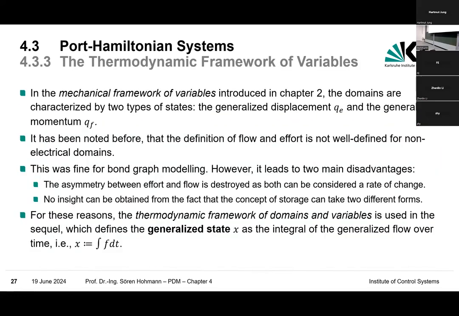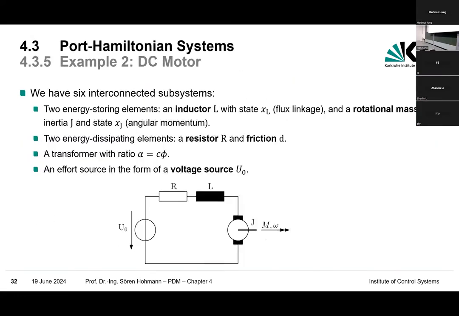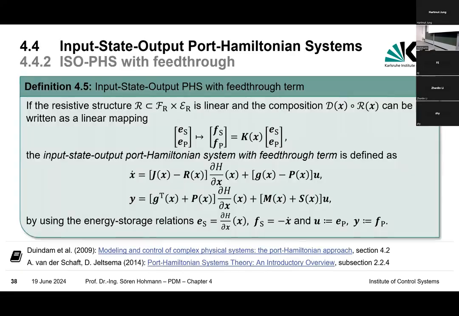So we have the sufficient condition here that if the resistive mapping is linear, then we can present everything in this input-output form as before.